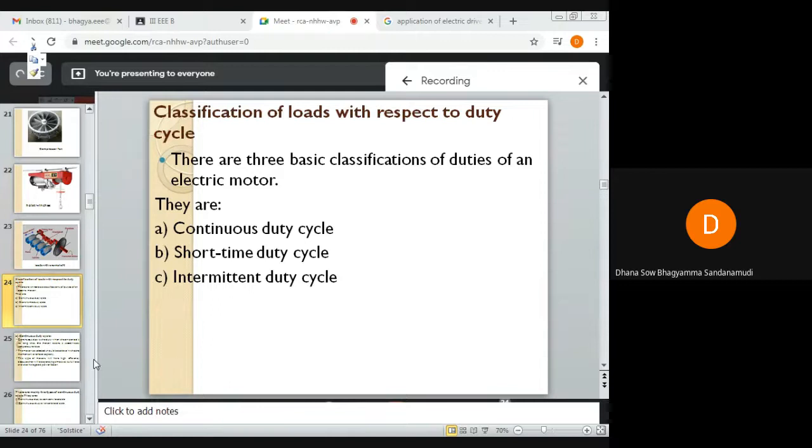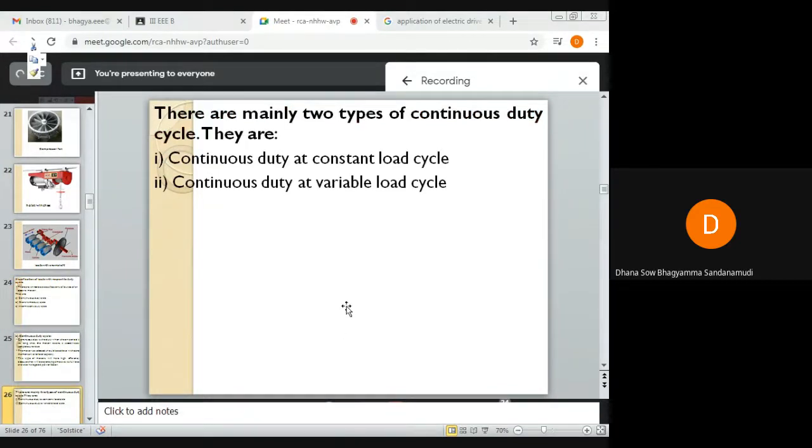There are two types of continuous duty cycles: continuous duty at constant load cycle and continuous duty at variable load cycle. In continuous duty at constant load cycle, the load torque remains constant for a sufficiently longer period.